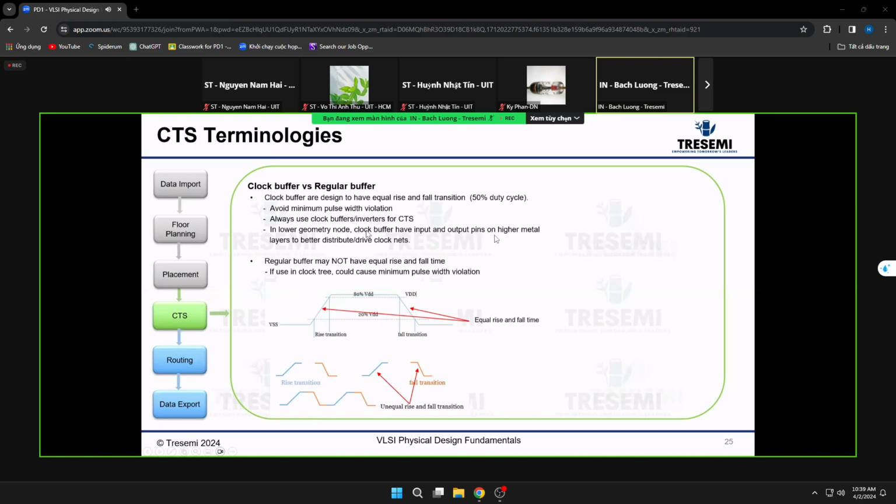But anyway, that's another topic. Knowing that the clock buffers are designed to have equal rise and fall, it's easier to maintain the duty cycle.